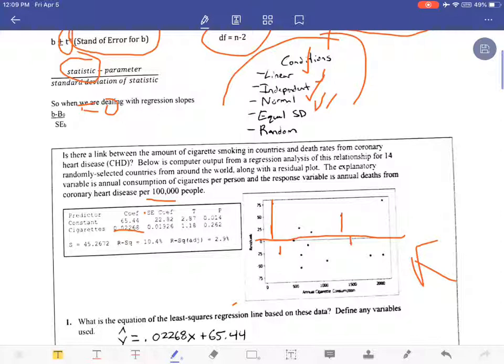We want the one that corresponds to the slope, which is right next to it, which is the 0.01926. So that's going to be where you get your standard error from for the slope. So it's going to be directly to the right of your slope value. And just, again, read that column, standard error, and it's going to help you know where that is.